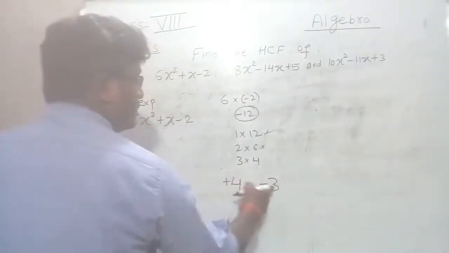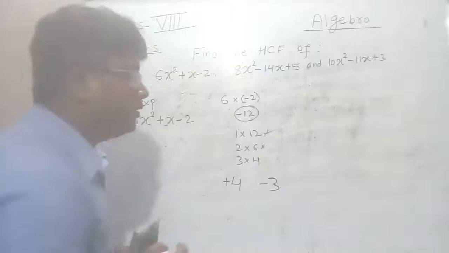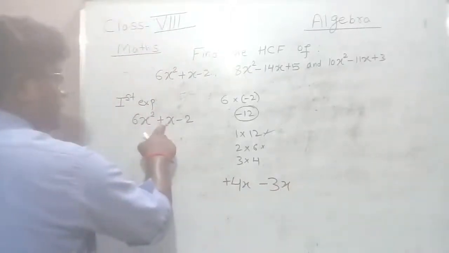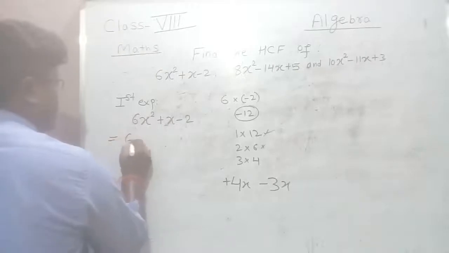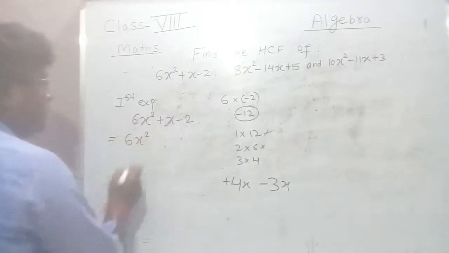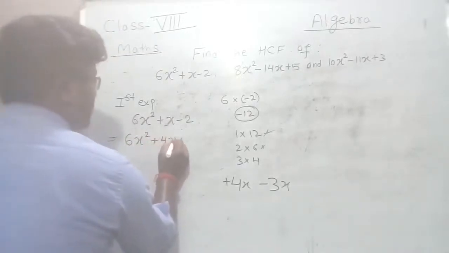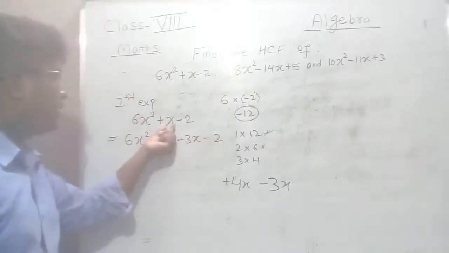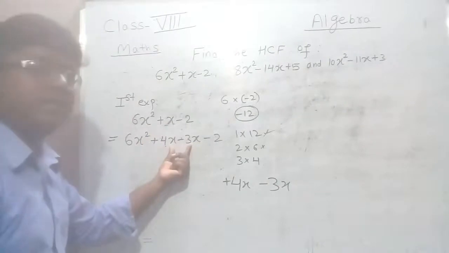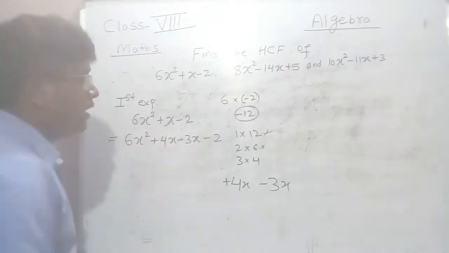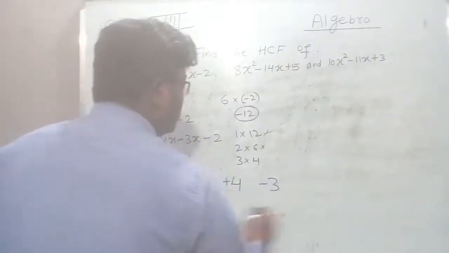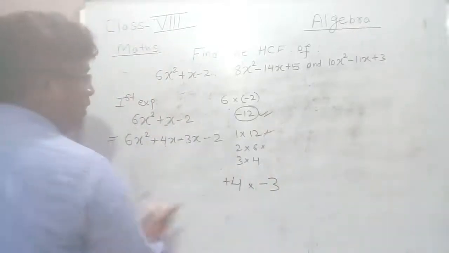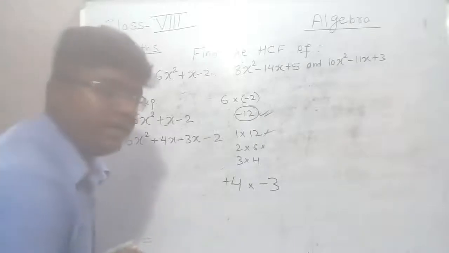Then plus 4 minus 3 will be 1, and each is multiplied with x. So we break it like this: 6x square plus 4x minus 3x minus 2. In place of x we wrote 4x minus 3x. If you multiply 4 and minus 3 you get minus 12, so both conditions are satisfied.